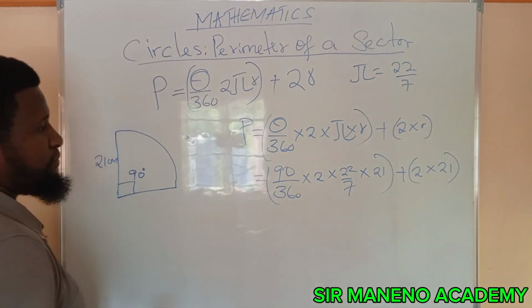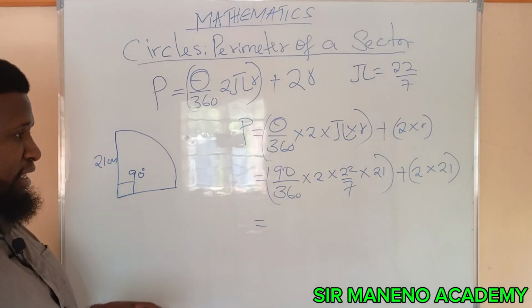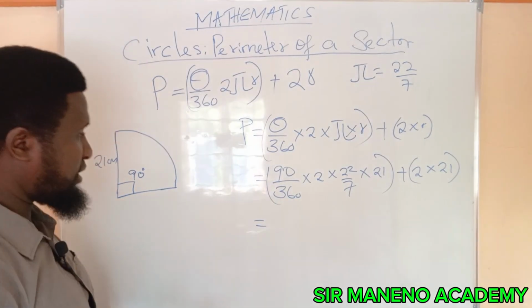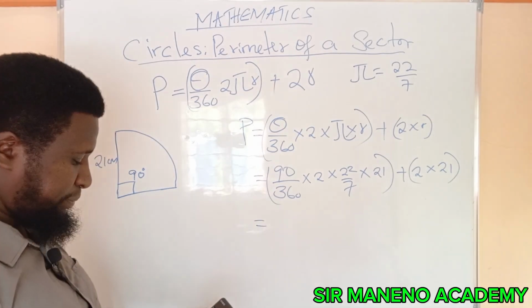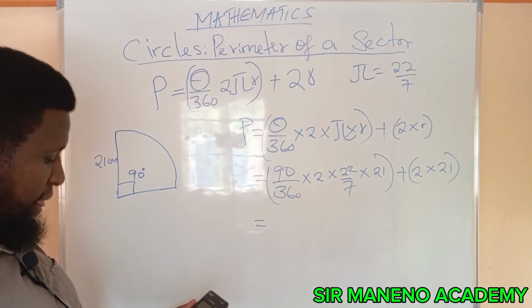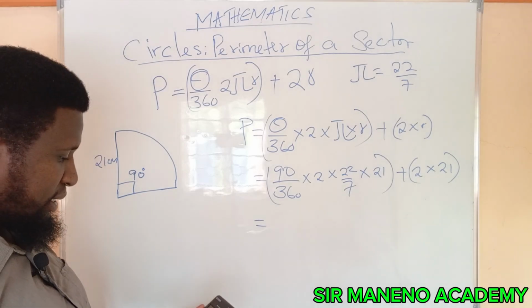So you take your calculator and feed this information in the way it is: 90 divided by 360 times 2 times 22 divided by 7 times 21.